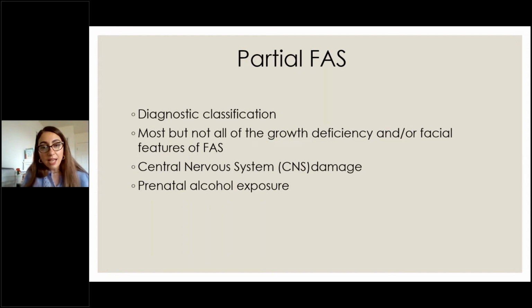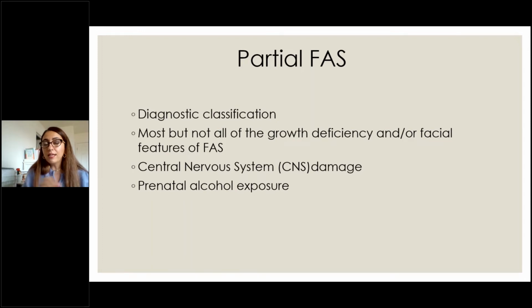That means that they do not have the full-blown FAS, but they have partial FAS. So we're seeing some of the physical impairments, plus still the central nervous system damage, and then the prenatal alcohol exposure. As you can see, we're going along the spectrum from more severe to a little less severe.